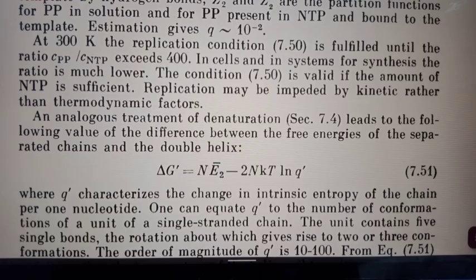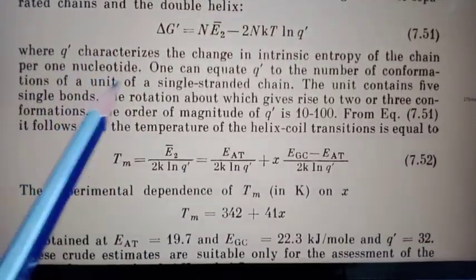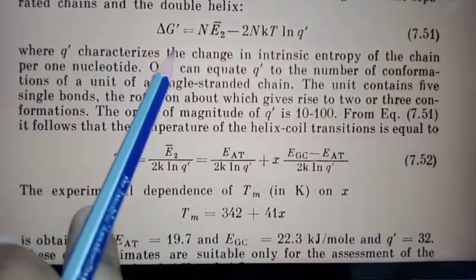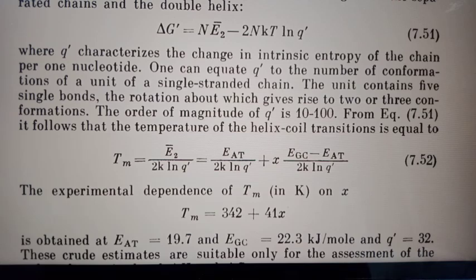An analogous treatment of denaturation leads to the following value of the difference between the free energy of the separate chain and the double helix, Delta G, in this equation, where Q characterizes the change in the intrinsic entropy of the chain per one nucleotide.